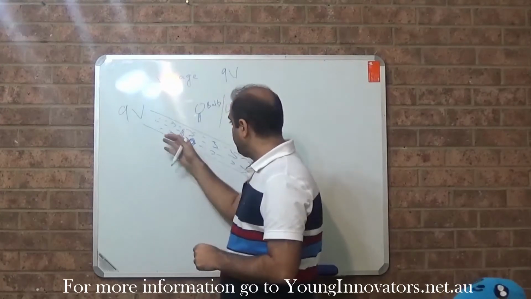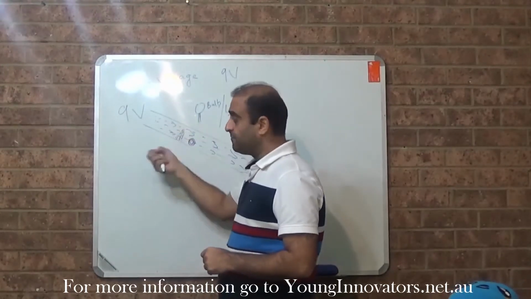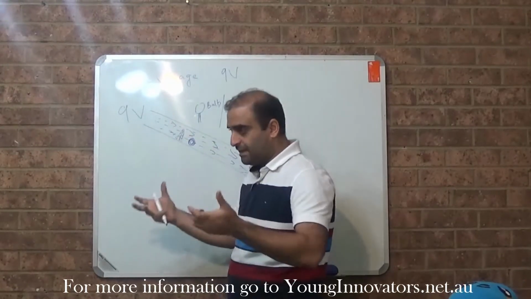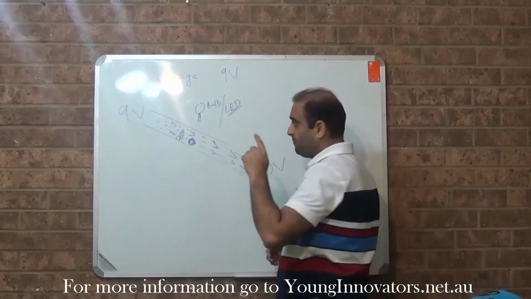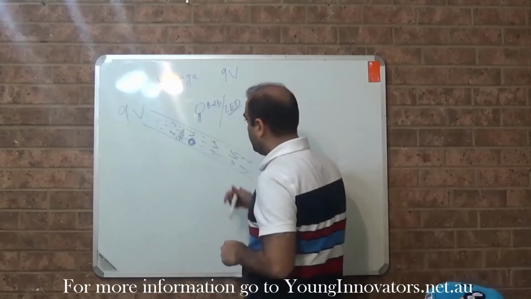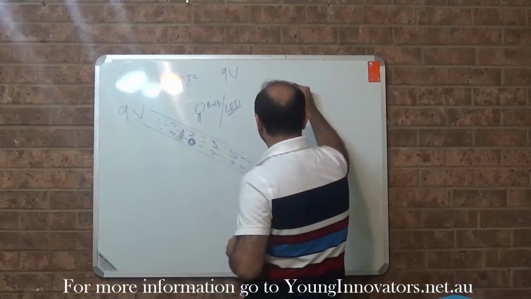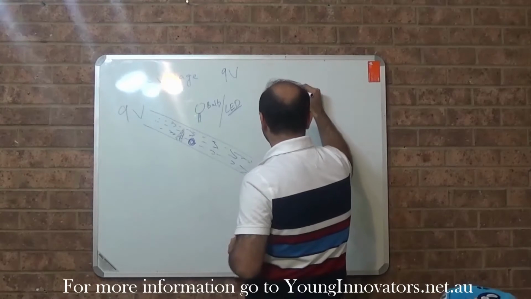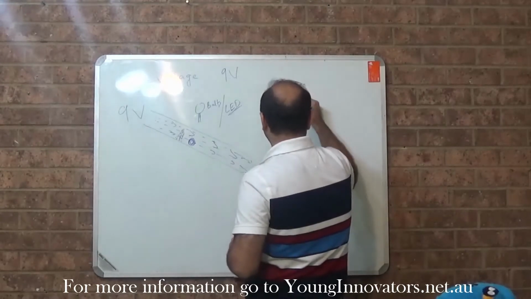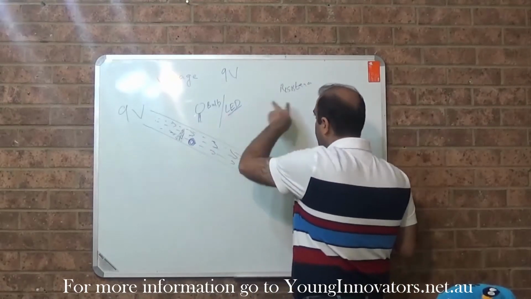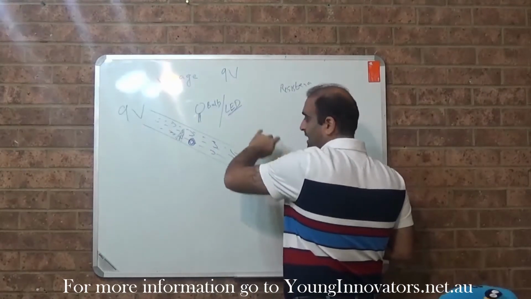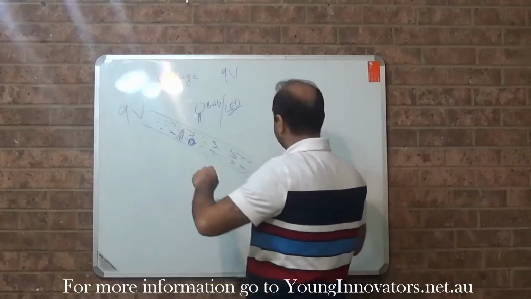If the LED is strong enough and the flow is big, then again the LED will survive. So that survival of the LED depends on the resistance it has, how much the LED can survive.